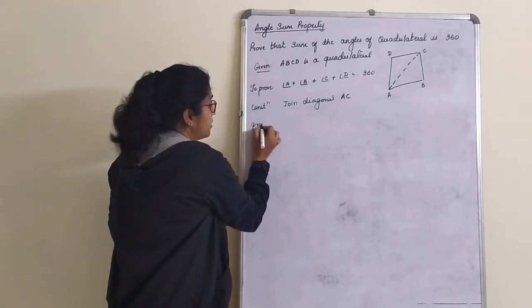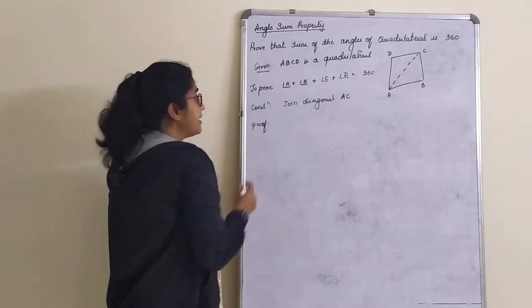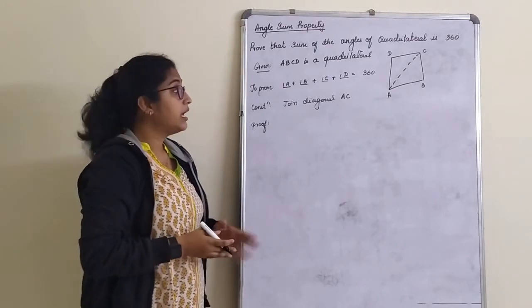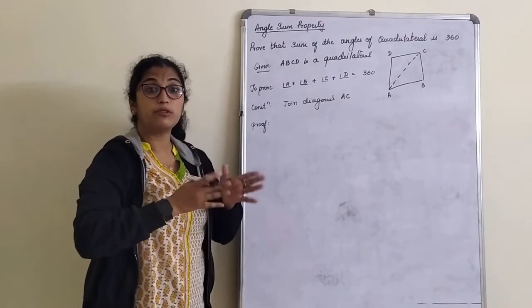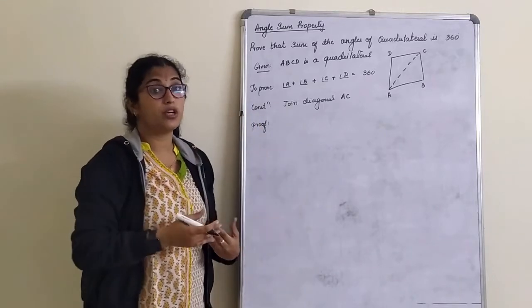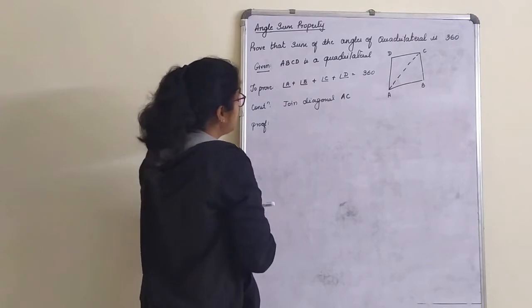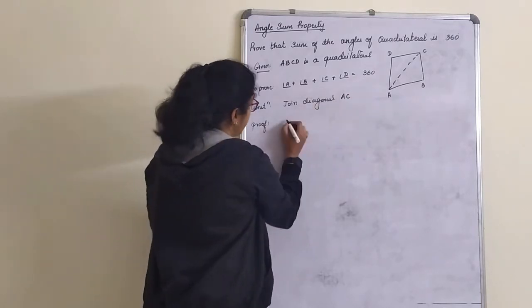Proof. Now we have to start proving it. Always, given will be the question. To prove, you have to see what you have to prove, and to prove the given thing, you need to see whether it can be done as it is from the given, or some construction is required. So in proof, we have two triangles.